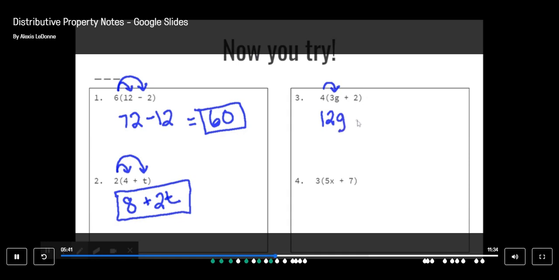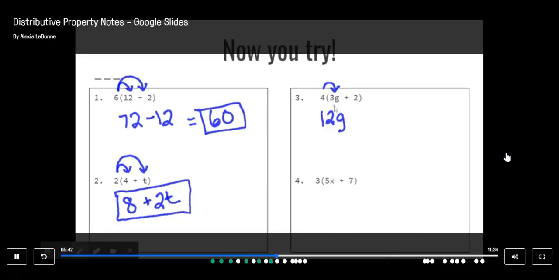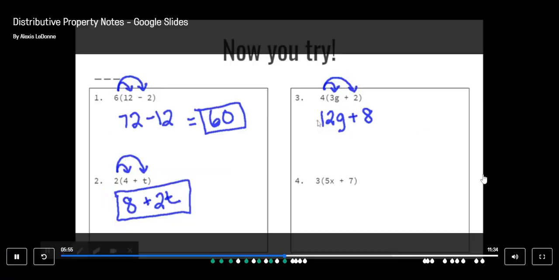What would be my next step? Good, 4 times 2 will give me 8, and I bring that down here. I have a 12g and an 8. Can I put these together? No, one has a g and one does not, so this would be my final answer.